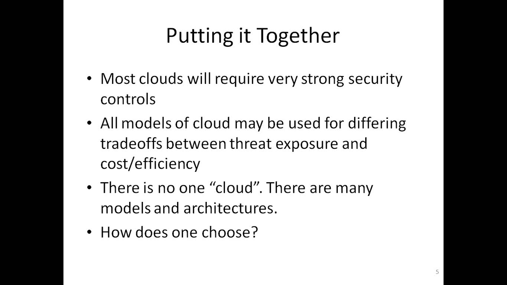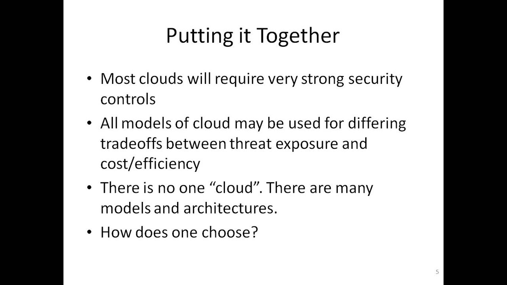So all types of clouds do require strong security controls, may it be private, public, or community. But all models of cloud may be used by the customers for different trade-offs between the threat and the cost. Based on what the customer wants, the client may choose different types of clouds.